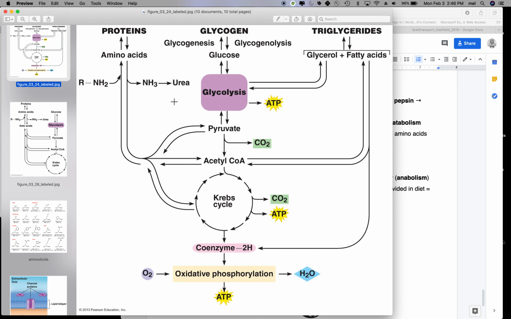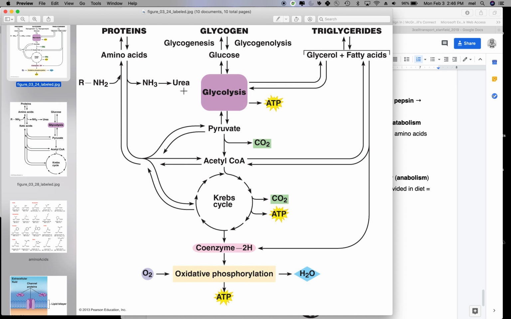But the important thing about that is this is ammonia, NH3, which is toxic. You can get rid of it directly, or you take most ammonia and send it to the liver to detoxify, or lower the toxicity, I should say, from ammonia to urea.